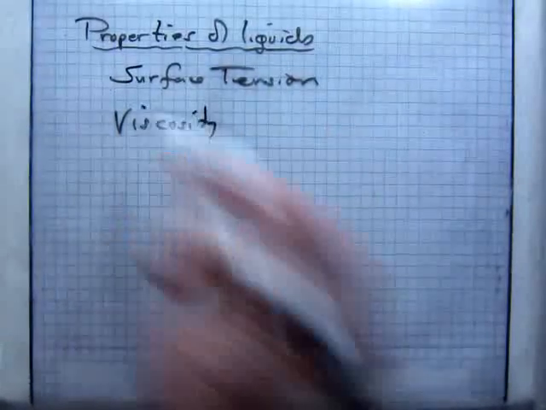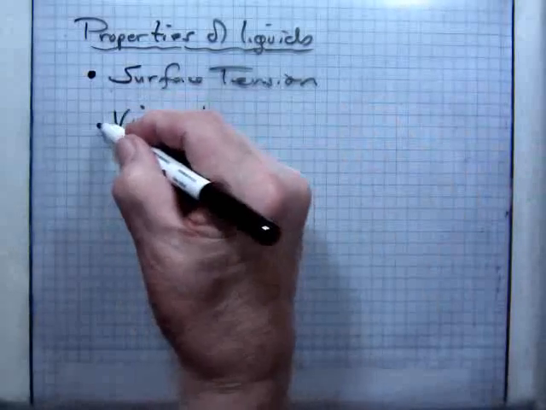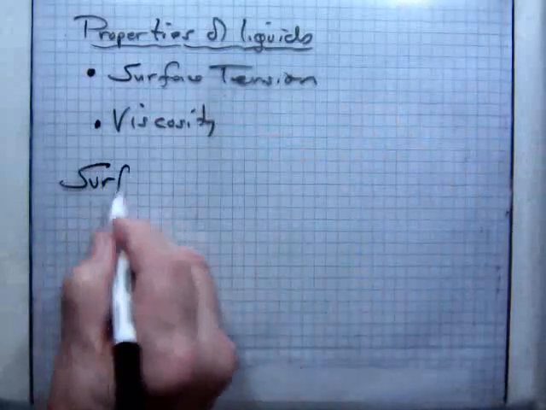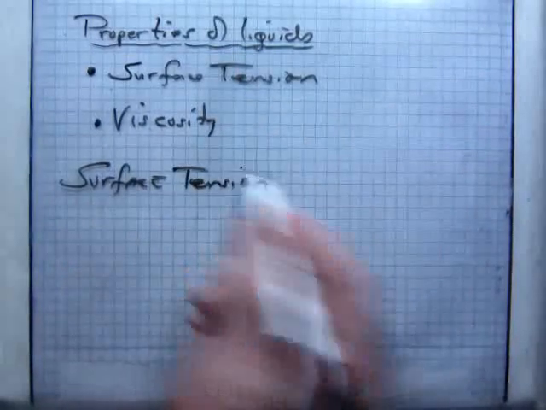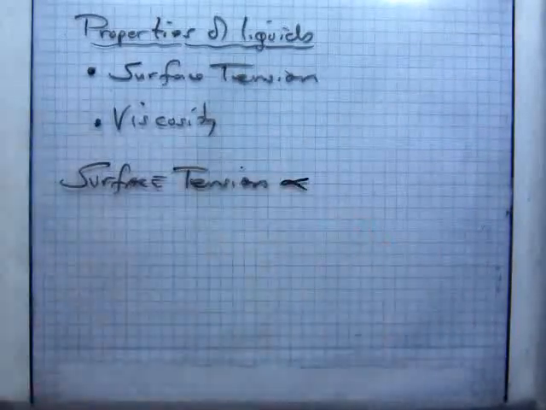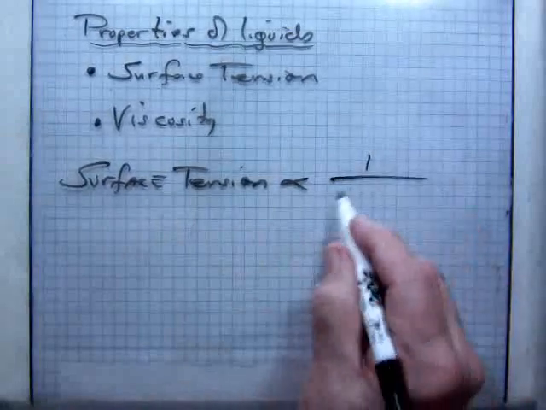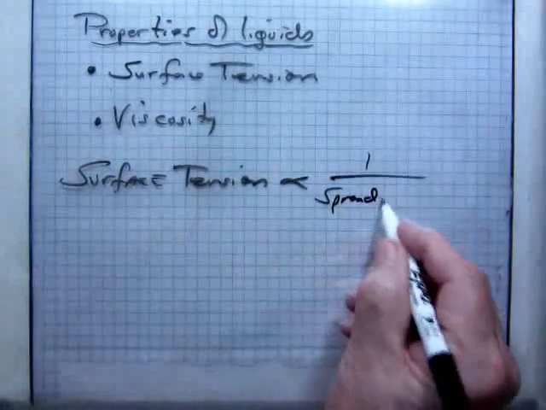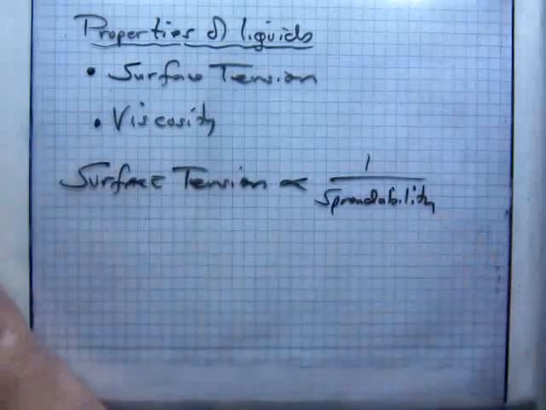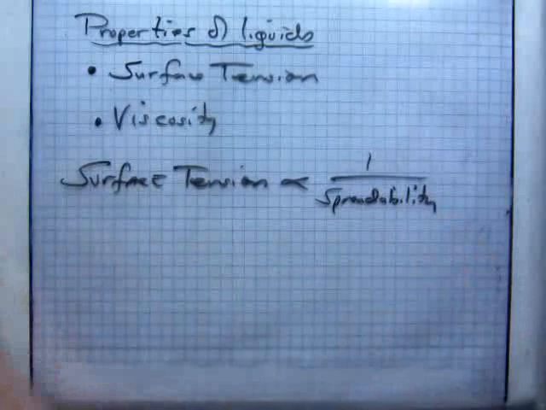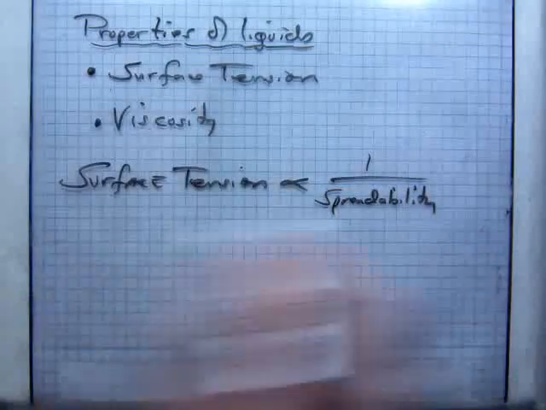The term surface tension, the easiest thing I can give you is 1 over spreadability. Something that has a very thick character is difficult to spread. The molecules are held together.